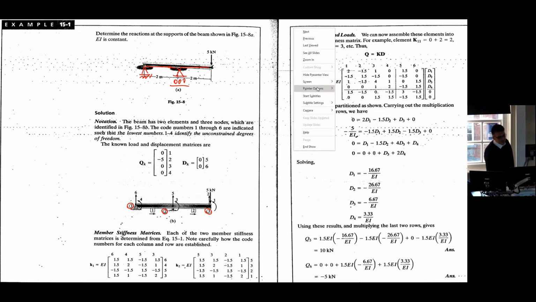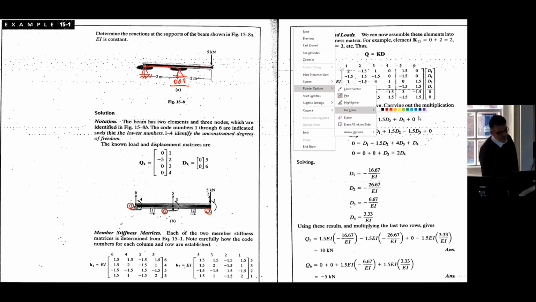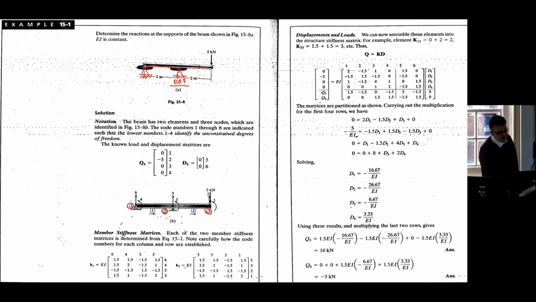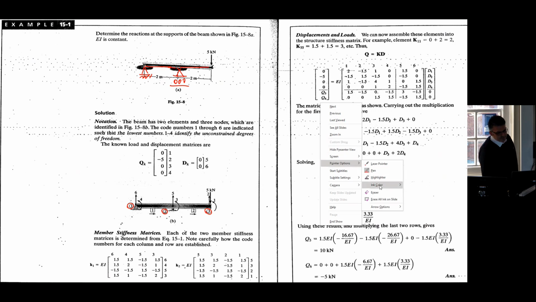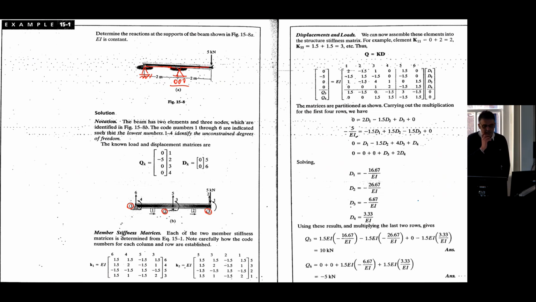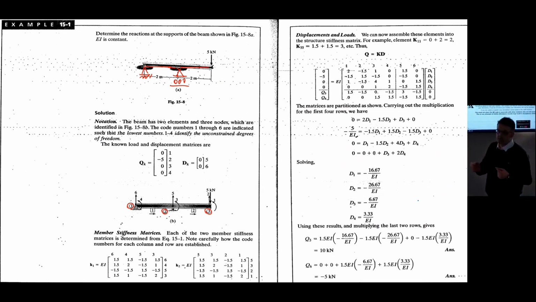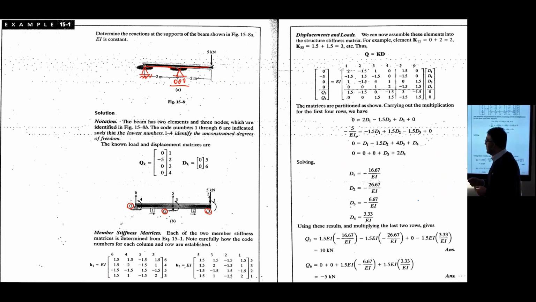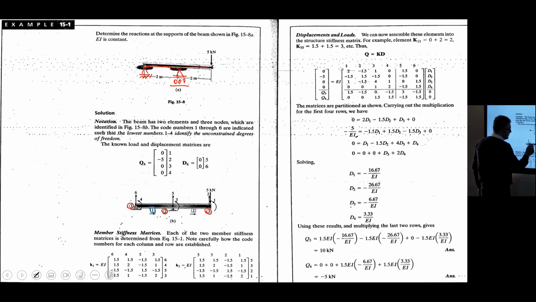For each 2 nodes, when they connect together, you have an element. So this is element number 1, this is element number 2.